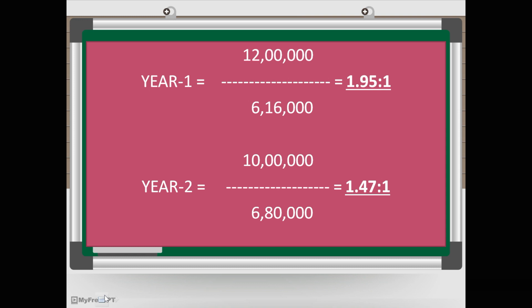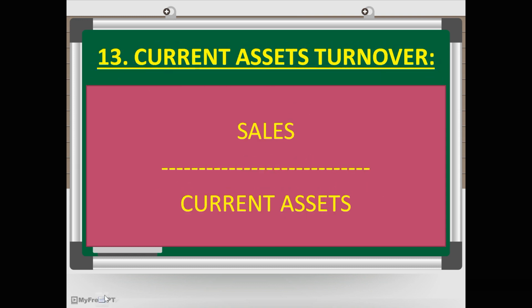In the same way, we have another ratio in the list, ratio number 13, current assets turnover. See the formula? Sales divided by current assets.